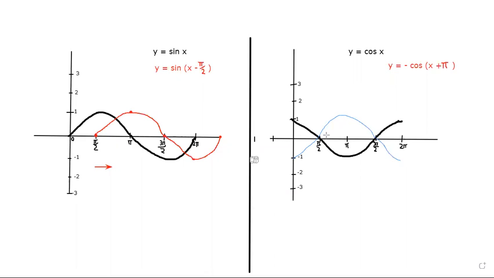Over 2 units. All right. This point moves 1, 2 units. This moves what? Over 2 units. This moves over 2 units. And this last one moves over 2 units.